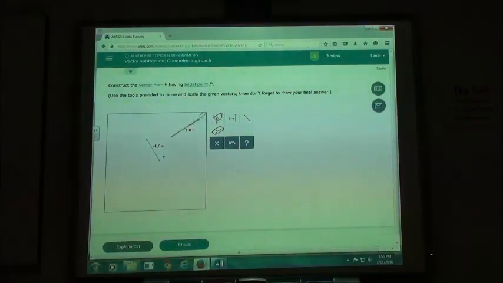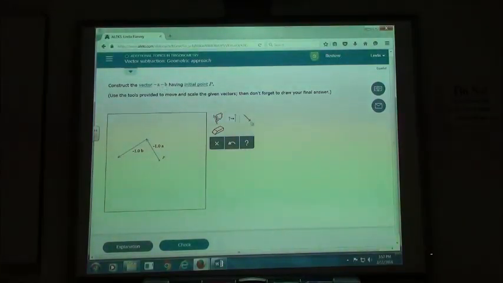I'm then going to move B to the end of that. Instead of having a positive 1B, I want a negative 1B since I'm subtracting B. So I'm going to grab that. Whoops, wrong one. Grab the middle one. Push that backwards all the way back in the opposite direction till I get a negative 1B. So now I have a negative 1A, a negative 1B.